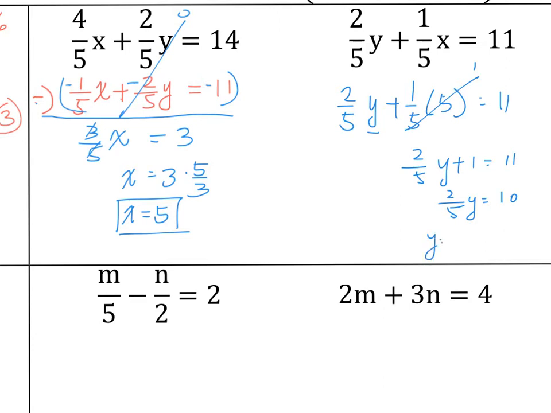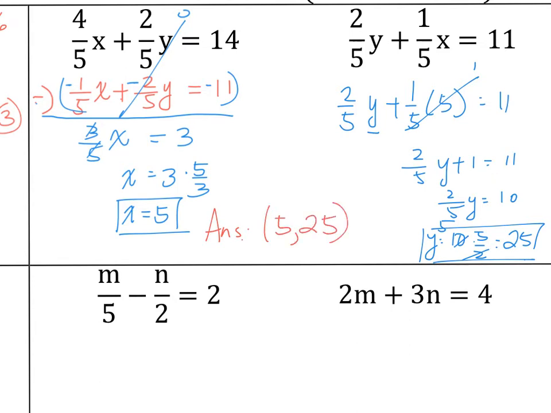Y would equal 10 times 5/2. So that would be 25 for y. So my final answer, I will write 5 for the x value and 25 for the y value.